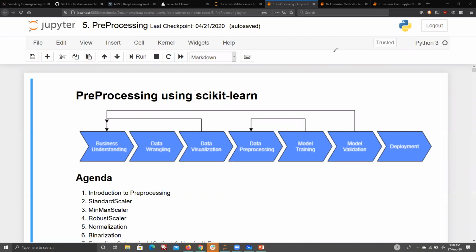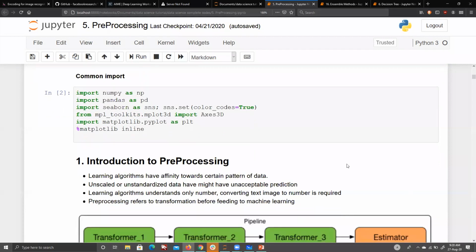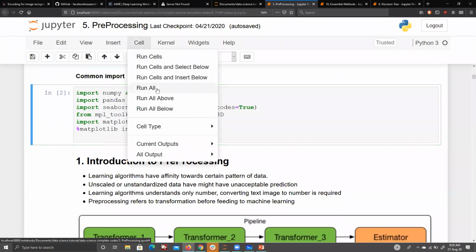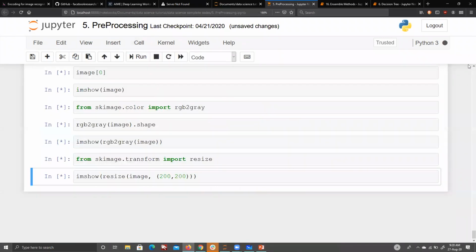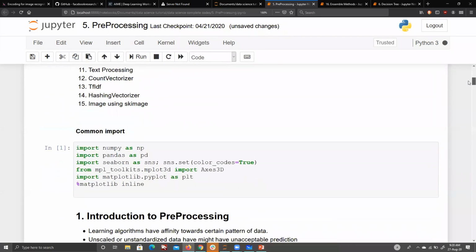So let's go through the idea of pre-processing first and then see how to go forward. Again, we will be using NumPy, pandas, maybe Seaborn as well, and Matplotlib to plot these things.